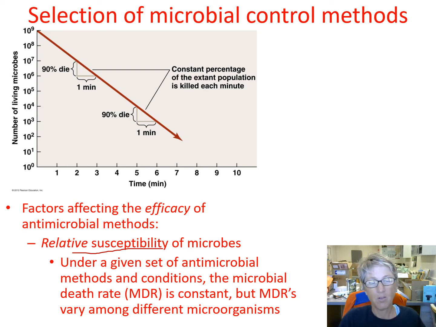Under a given set of methods and conditions, scientists will have experimented and found a microbial death rate, and you can find out what that is. But the microbial death rate will vary among different microorganisms. For example, E. coli might not respond to the same antimicrobial methods and conditions as Staphylococcus aureus does.